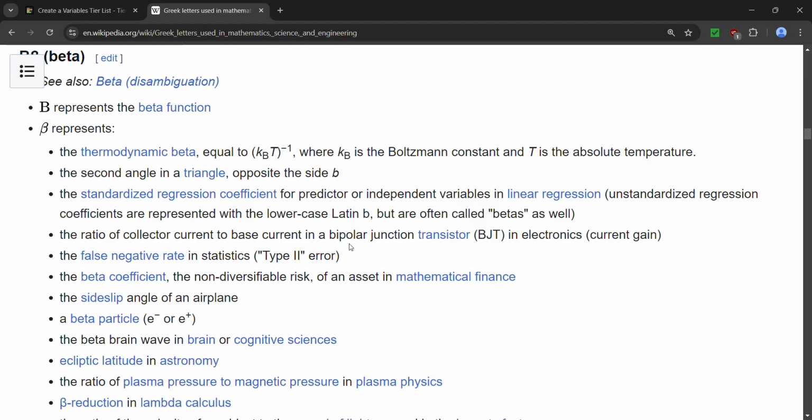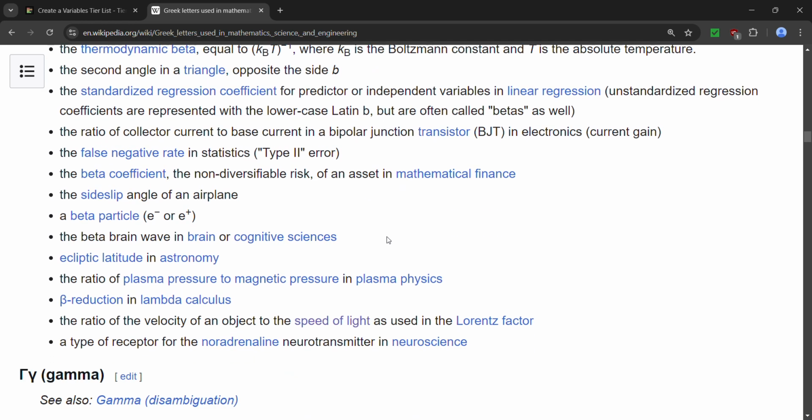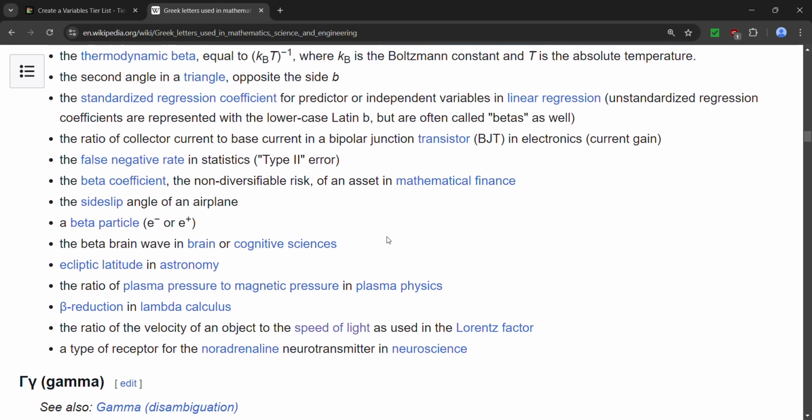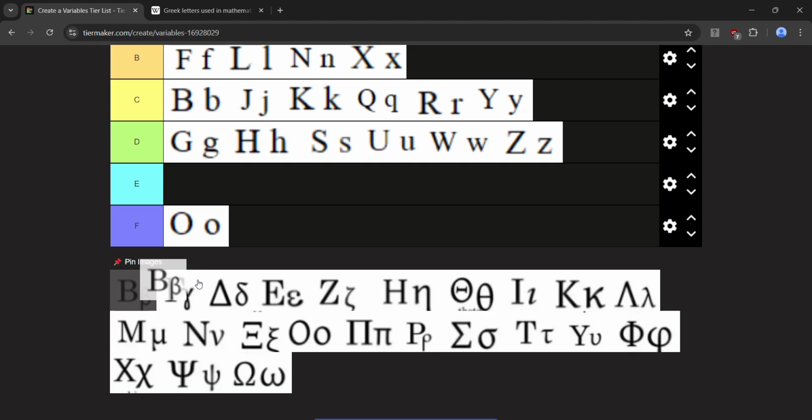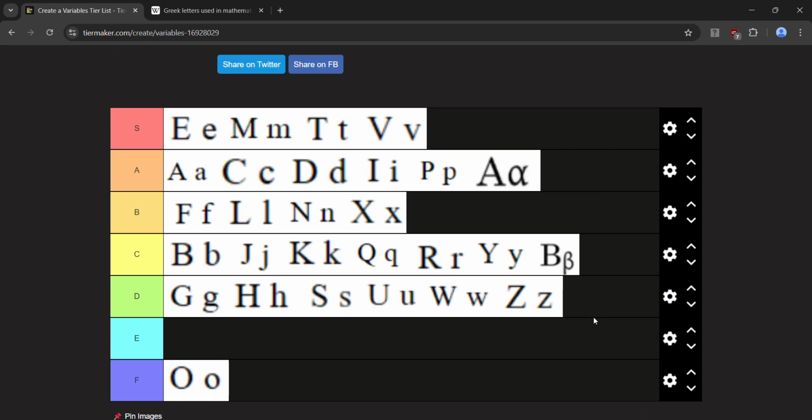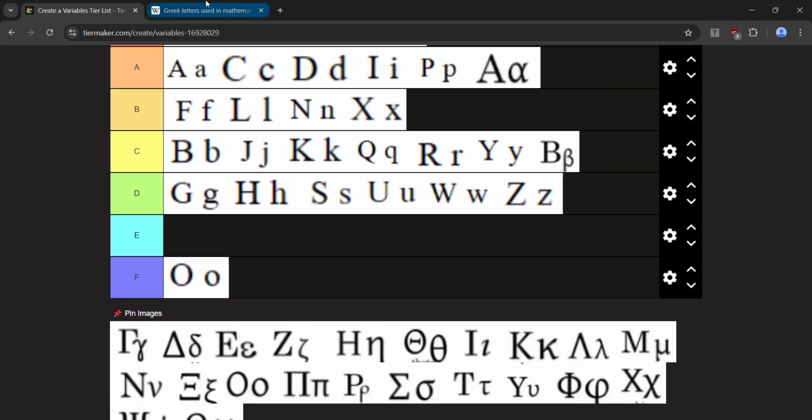But that's not to say beta isn't good. There is a lot of interesting things here, just not nearly as interesting as alpha. In fact, not even just a tier less, 2 tiers less interesting. Sorry, beta.